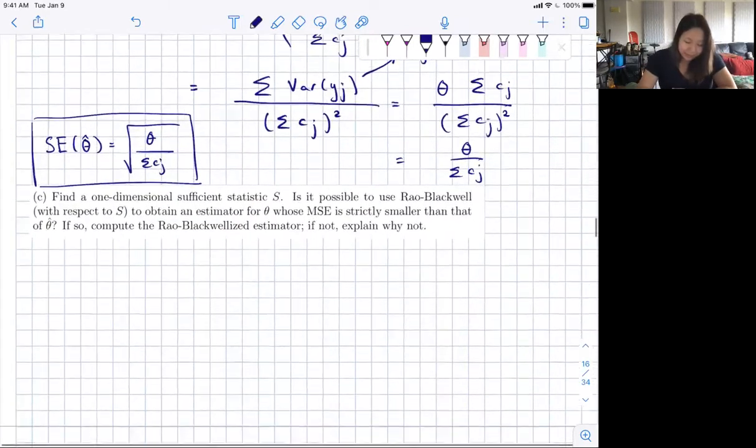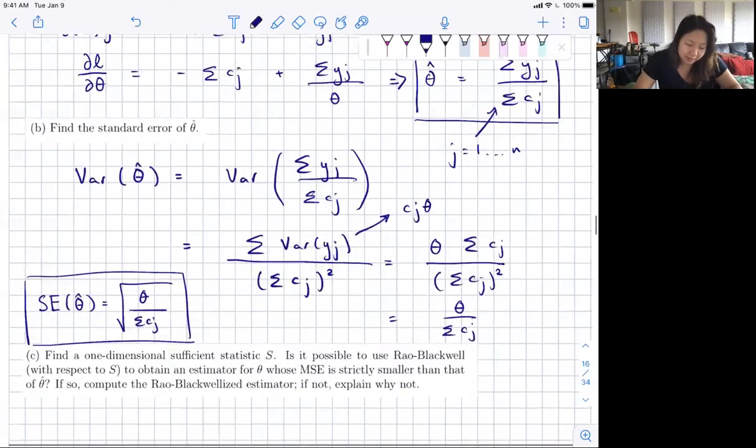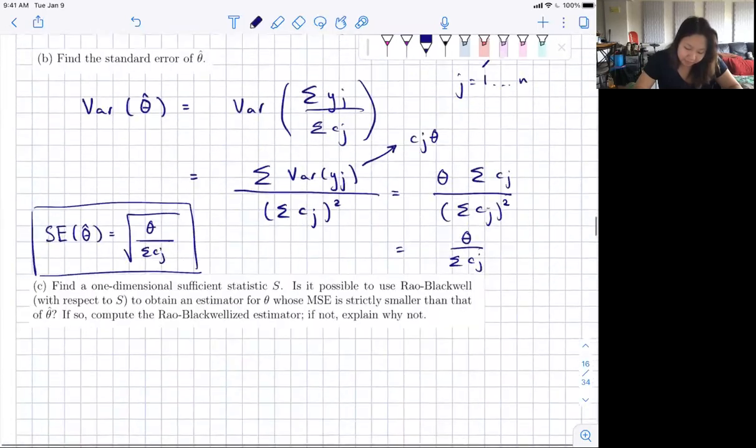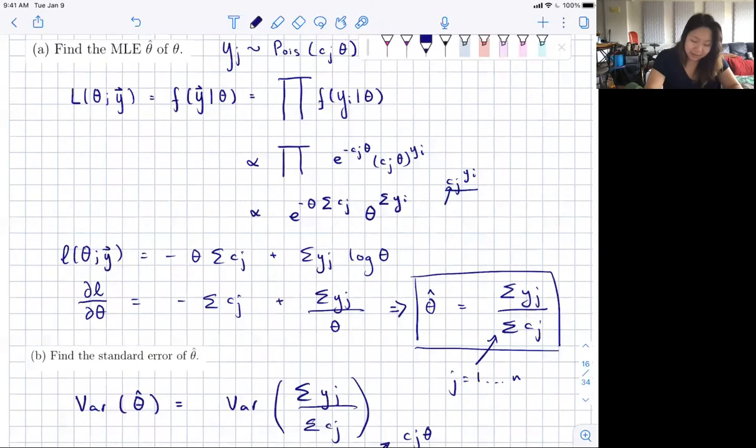Okay, so the next question asks, find a one-dimensional sufficient statistic S. Is it possible to Rao-Blackwellize with respect to S to obtain an estimator for θ whose MSE is strictly smaller than θ hat? If so, compute it. If not, why not? So let's look for a sufficient statistic S. We're looking for something where the data and the parameter are attached to one another.